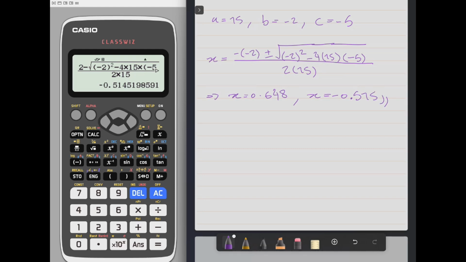And this is the second answer for my x, and in general, I have x is equal to 0.648, x is equal to minus 0.515 as for my answers to x. So this is it for this session, guys, and see you in the next session.